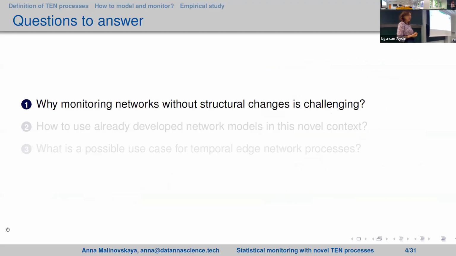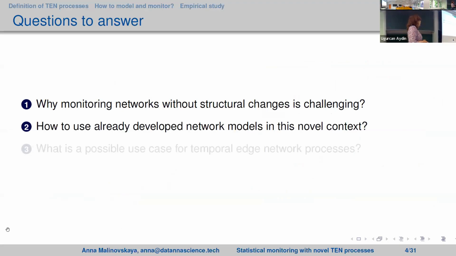And the three questions I would like to answer today are, first of all, why it can be challenging looking at such networks which have a fixed structure, and in general, how can we then monitor them? What about already existing models? Because I'm actually not a really theoretical person, I'm more of an applied person, and it's always interesting for me to understand what we can already take from the theory, from the existing models, bring them into the novel context and make it work.